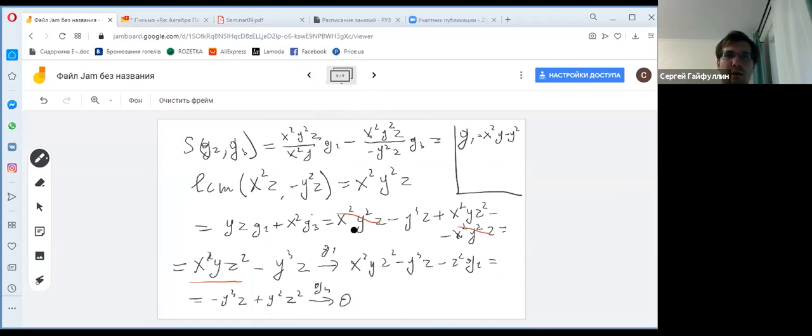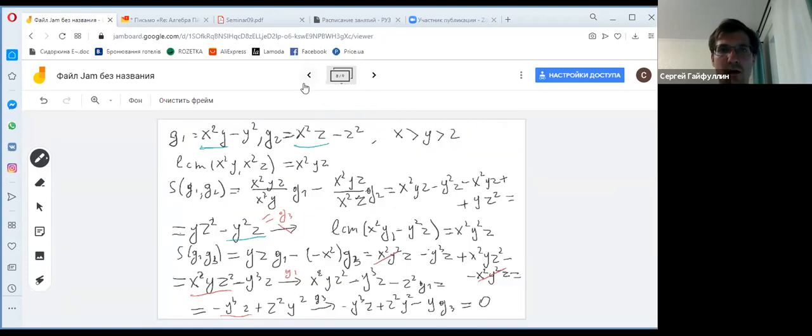Now we obtain that for our system G1, G2, and G3, all the S polynomials can be reduced to 0, and for this ordering, G1, G2, and G3 is a Gröbner basis.